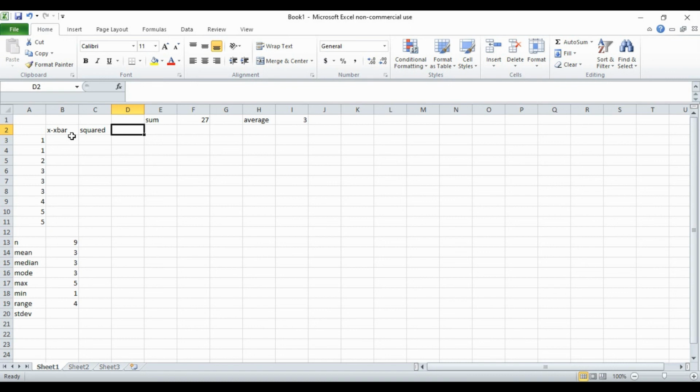So you square everything, then you total that together. You divide by n minus 1. So I'm going to go ahead and bring that feature into this problem. And then finally you take the square root.